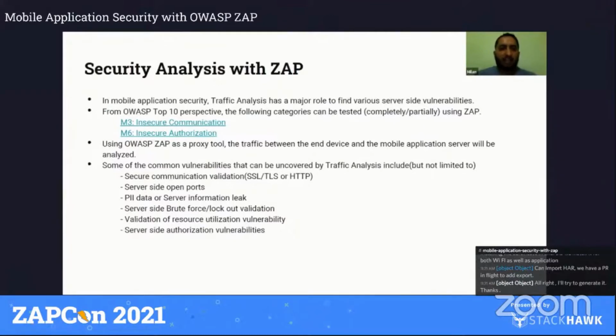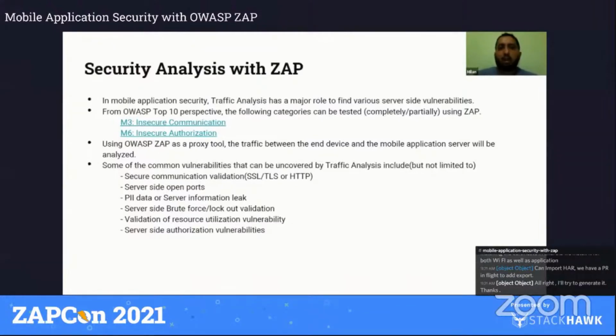So for that, we can use ZAP as a proxy tool. And if you go to the OWASP top 10 categories, there are two major areas which can be covered partially or fully using ZAP. These are the third one, insecure communications, and the sixth one, insecure authorization.